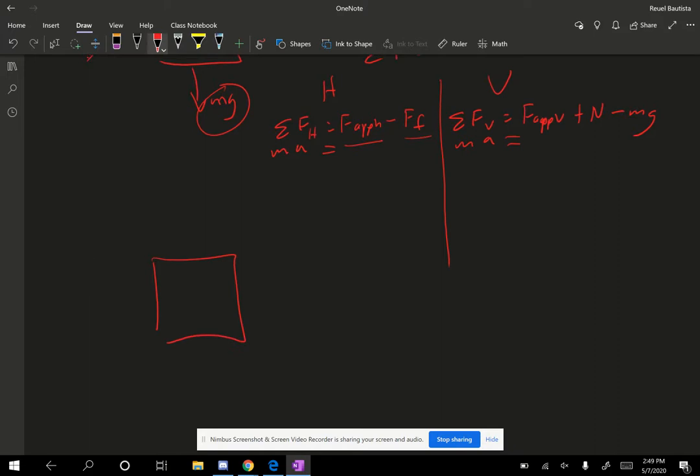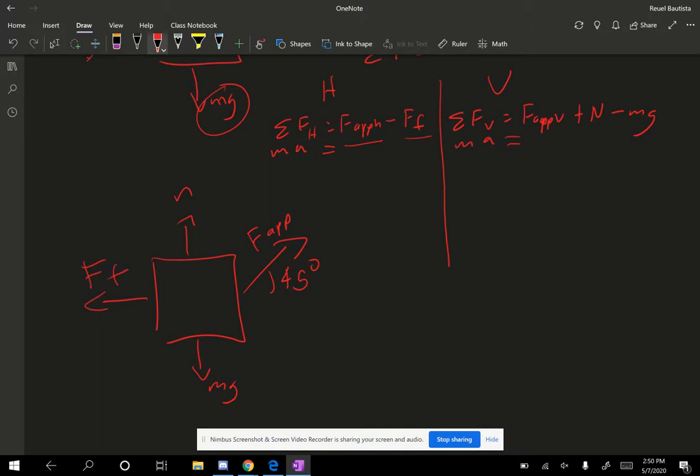So what happens when we have an object being pulled at an angle? Let's make this 45 degrees. When we have a force applied at an angle, again, we are going to have normal force, we're going to have mg, and we're going to have force of friction.